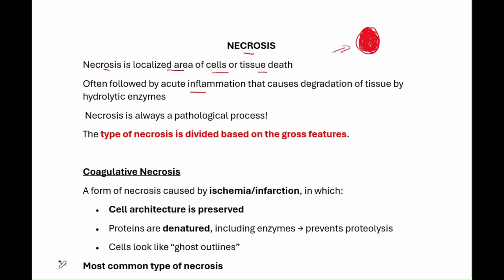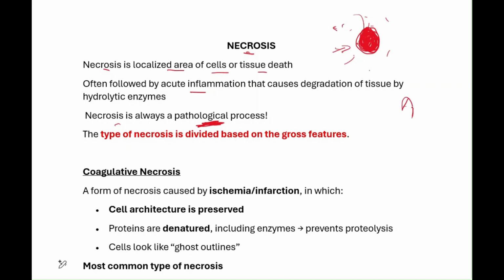So neutrophils are going to move there from the normal surrounding tissue and cause inflammation. And after neutrophils cause inflammation, then macrophages are going to come and feed on those products of inflammation. And that's how we're going to get rid of the dead tissue.